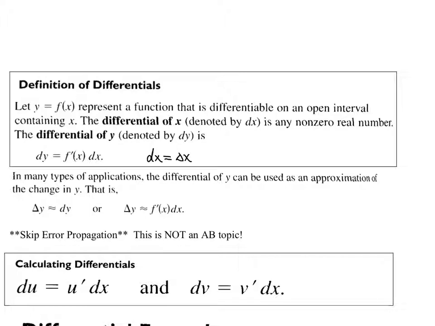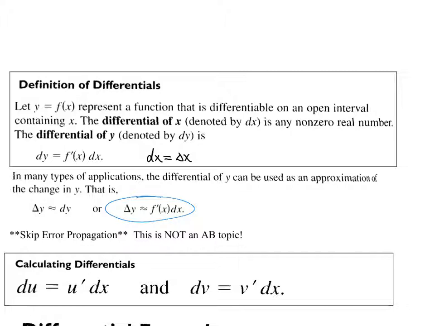At a specific point, it's f prime of c dx. Now remember, that is how far our approximation is from the original y. The actual value is this delta y. Is dy how far it is from the point that you started with? From the point we started with. Okay.